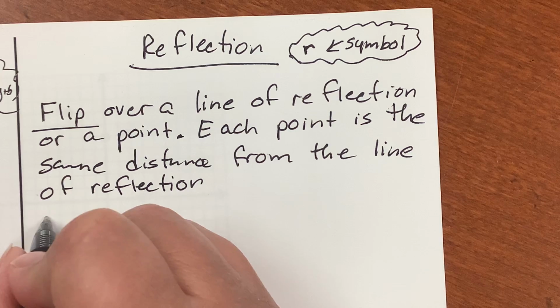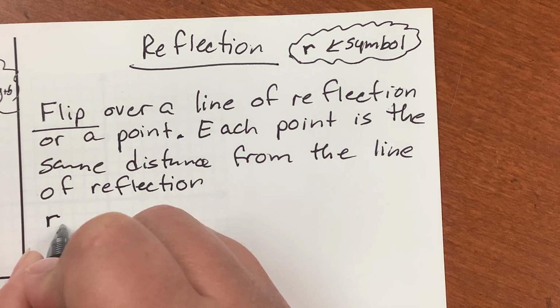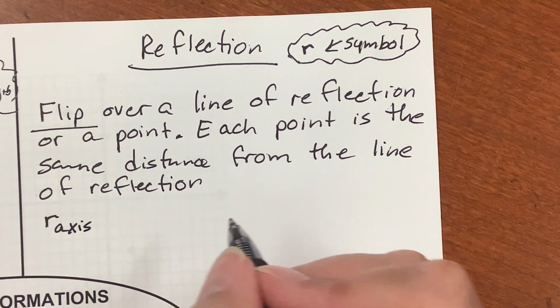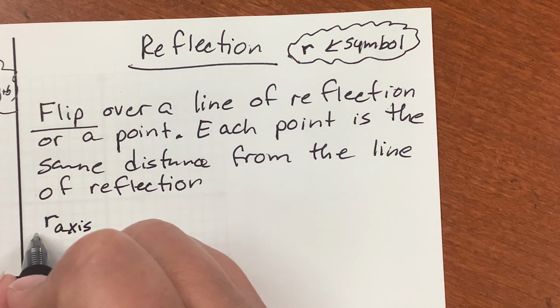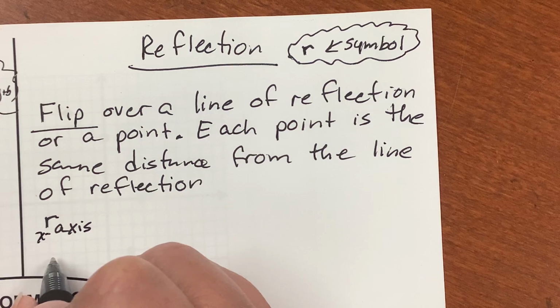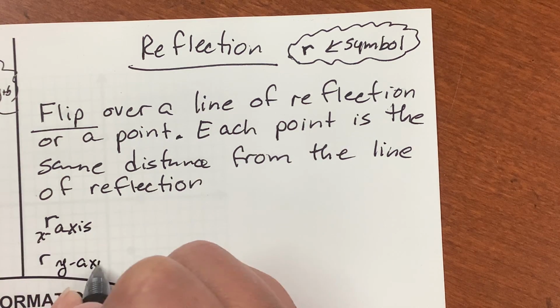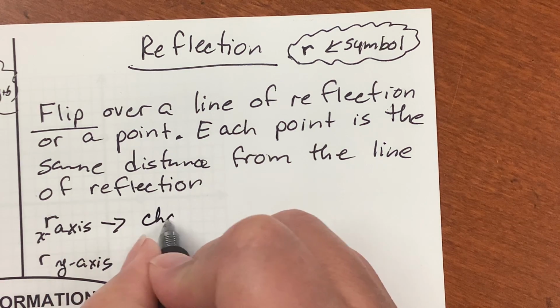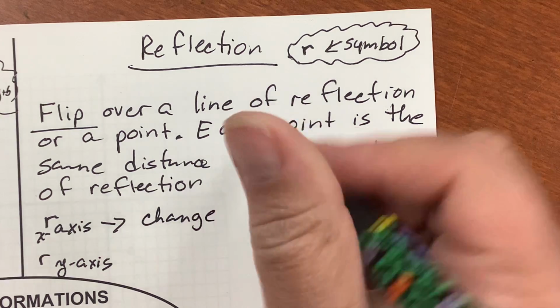And the rule was, let's say it was R and x-axis, and we could also do an R over the y-axis. And when we went over the x, change the sign of the y.